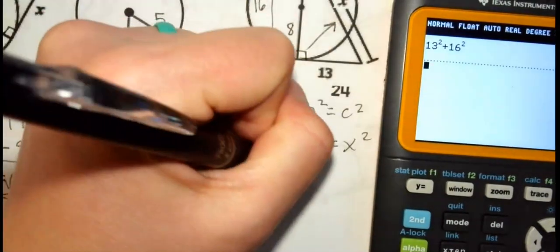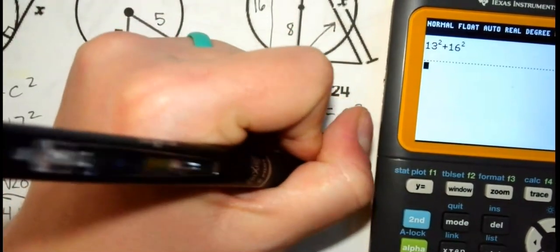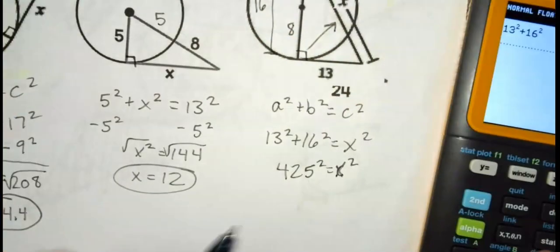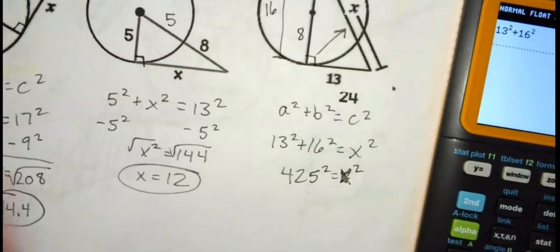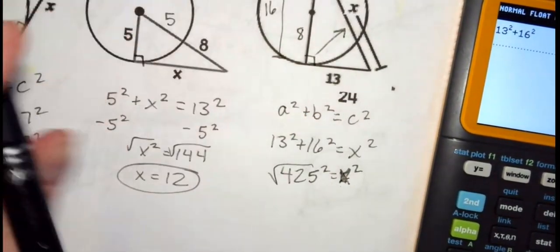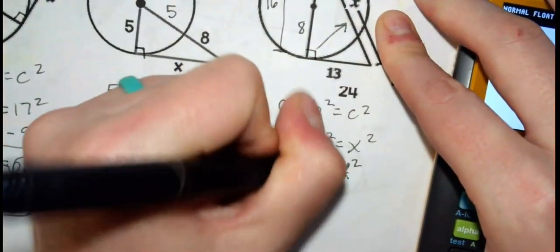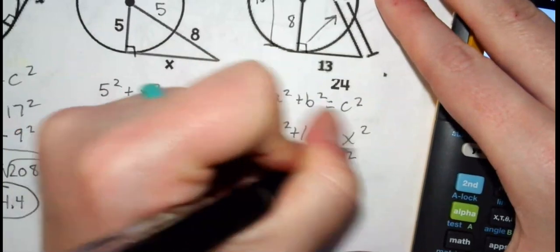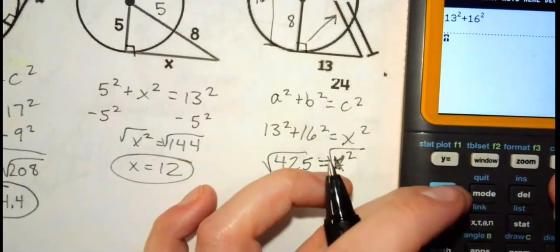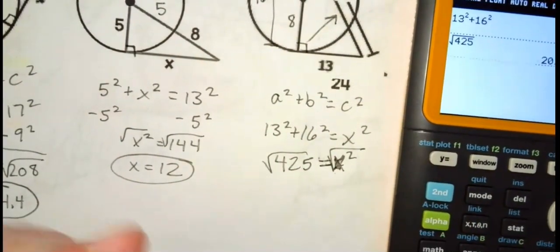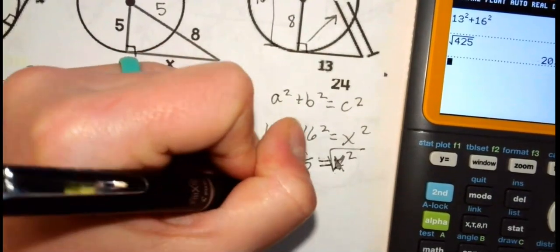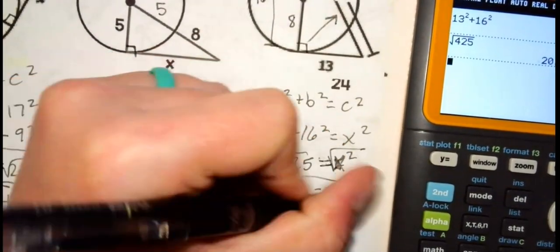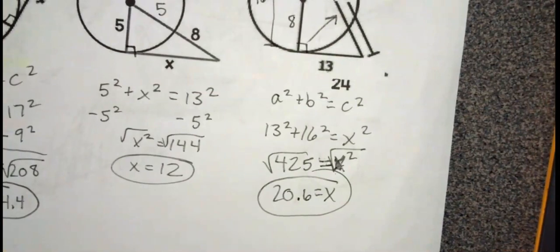So you get 425 equals x squared. Take the square root of both sides. 20.6 equals x. That's all you gotta do.